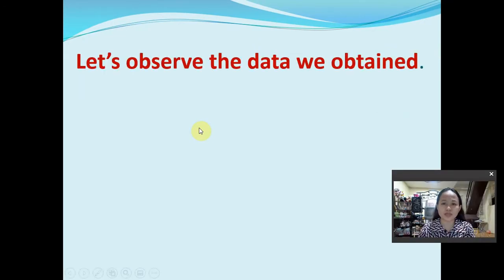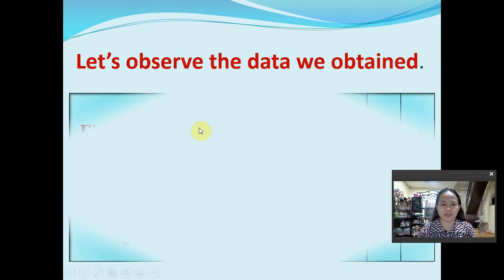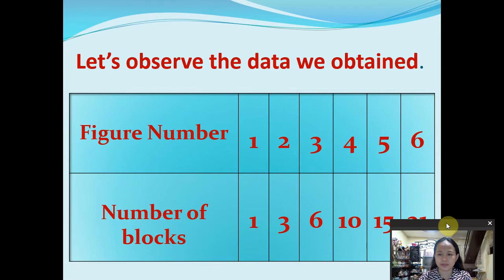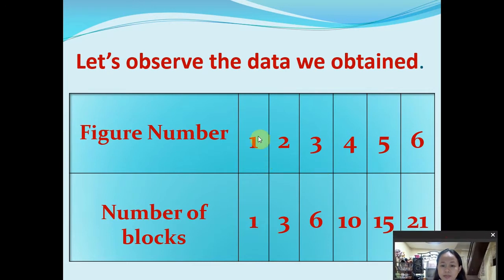Okay, now let's observe the data we obtained. Using this table, we have figure number 1, 2, 3, 4, 5, 6. So we have up to the sixth figure. For the number of blocks, we have 1 block for the first figure, 3 blocks for the second figure, 6 blocks for the third figure, 10 blocks for the fourth figure, 15 blocks for the fifth figure, and 21 blocks for the sixth figure.